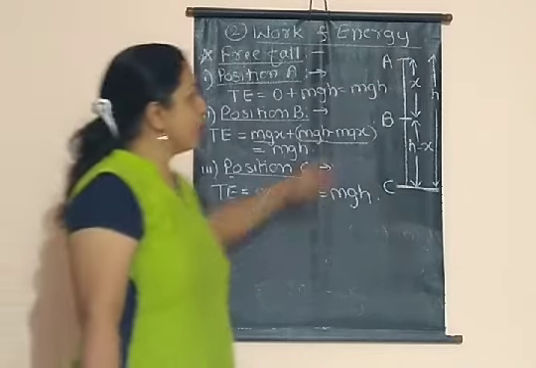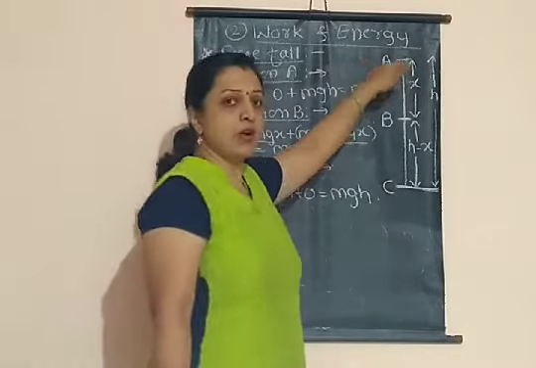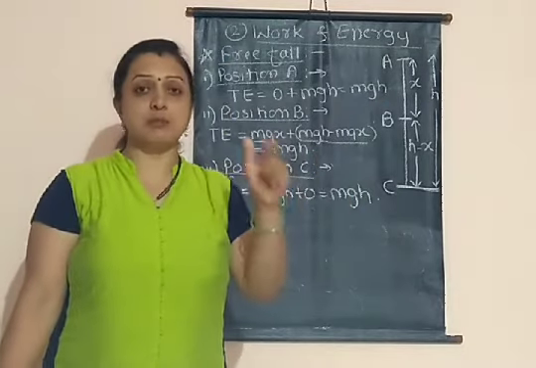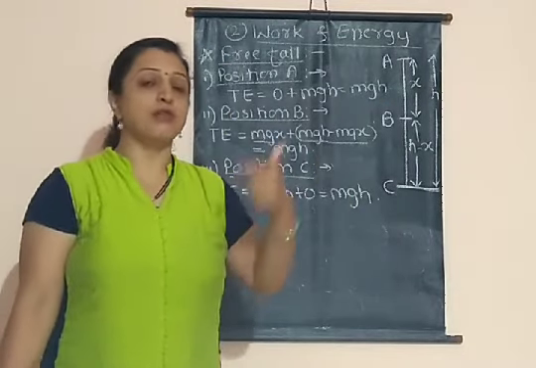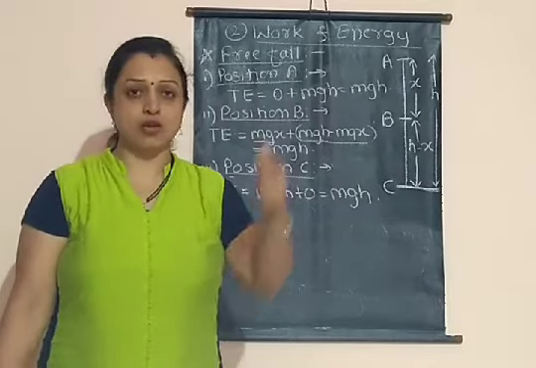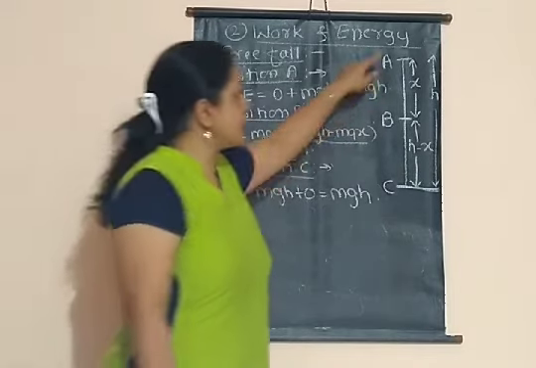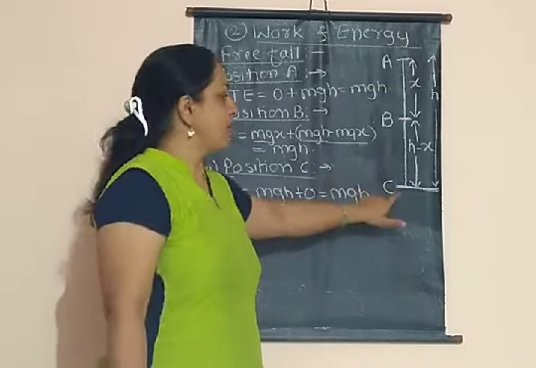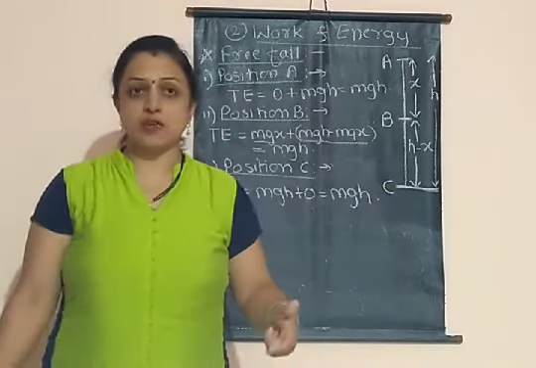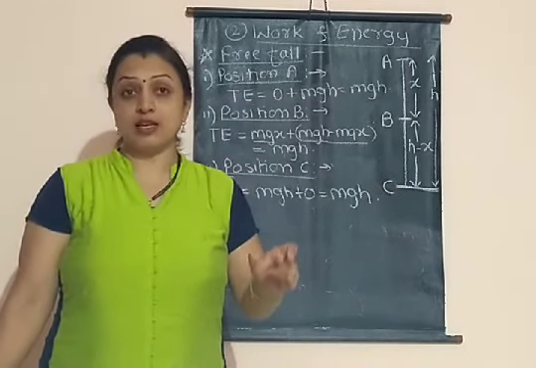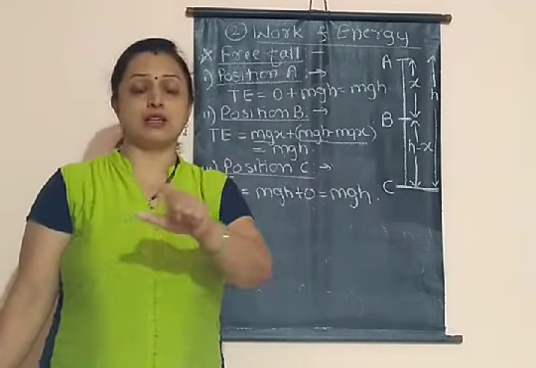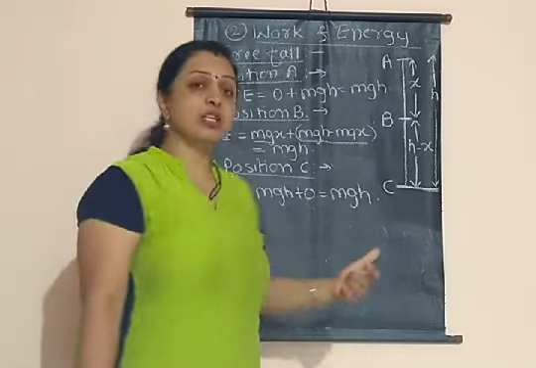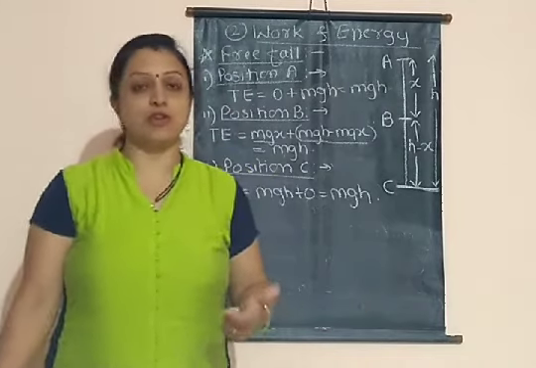It means when the object is released from height h, first it possesses potential energy, and when it starts to fall down, that potential energy slowly gets converted into kinetic energy, and when it reaches the ground surface, the total energy is kinetic and potential becomes 0. So this is also an example of the law of conservation of energy.